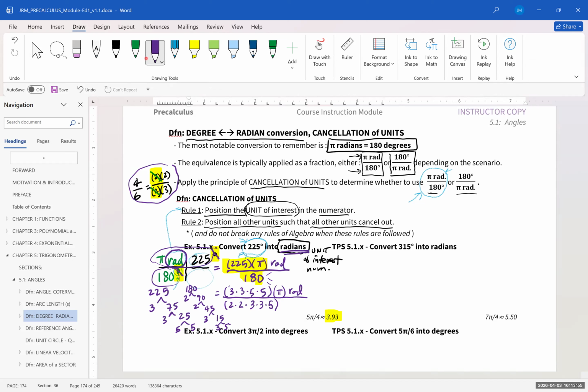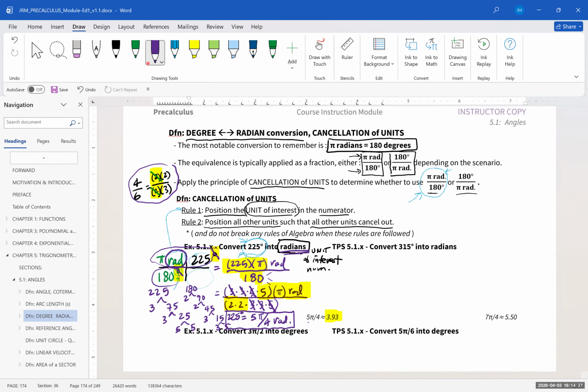So we can cross out a 3 in the numerator with a 3 in the denominator, another 3 in the numerator with a 3 in the denominator, a 5 in the numerator with a 5 in the denominator, and that's about all we can cancel. And notice the only thing we have left is 5 pi radians over 4. So 225 degrees is equal to 5 pi over 4 radians.